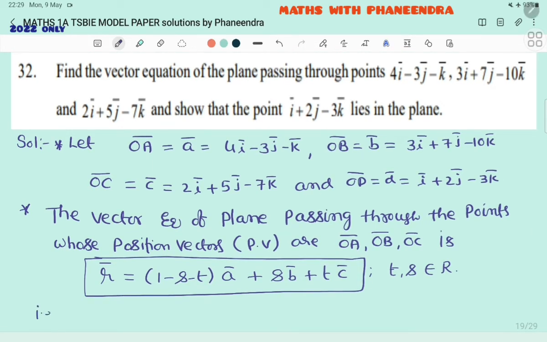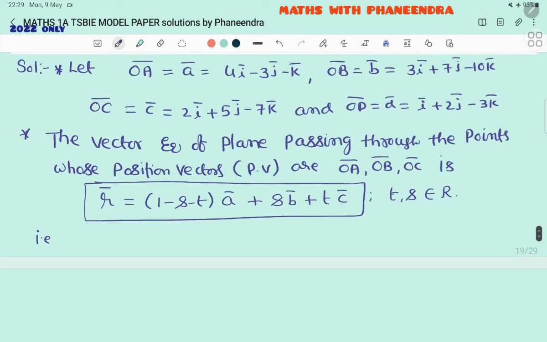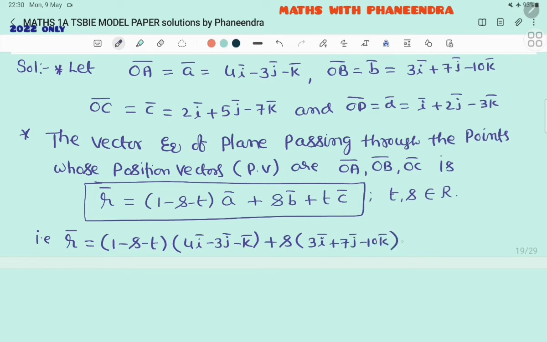So the respective values substituted: r bar equal to (1 minus s minus t) into a bar, the value 4i minus 3j minus k, plus s into b bar, 3i plus 7j minus 10k, plus t into c bar, 2i plus 5j minus 7k. So the vector equation of the plane passing through 3 points is over.